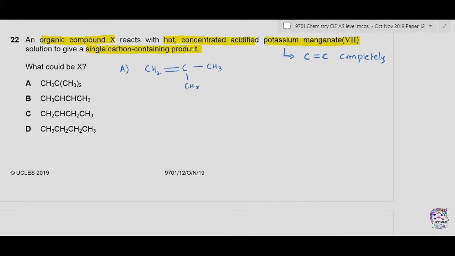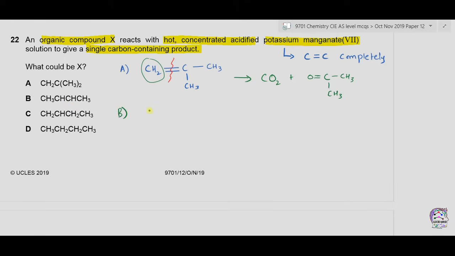Now when this compound is reacted with hot concentrated acidified potassium manganate, this double bond will break completely and two different products are formed. This carbon will make CO2 and this carbon will be converted into a ketone. In B we have CH3, CH, CH3, so there is a double bond between the second and third carbons.